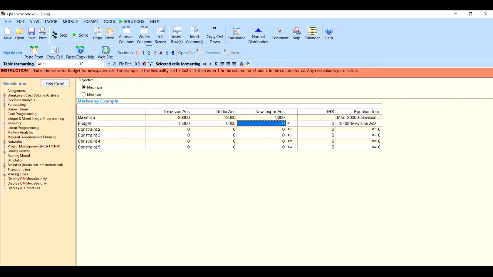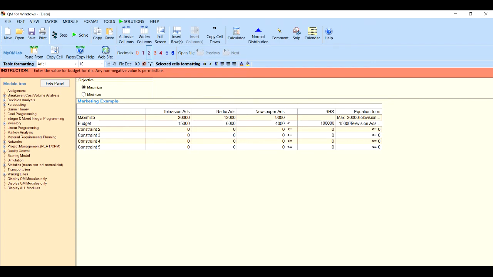And newspaper ads cost $4,000. And the total sum of these advertisements must be less than or equal to $100,000. Our budget is $100,000. We cannot spend more than that. So whatever combination of the above advertisements we choose, the total cost must be less than $100,000. That's what we've indicated here.